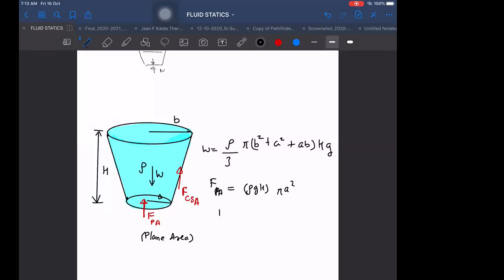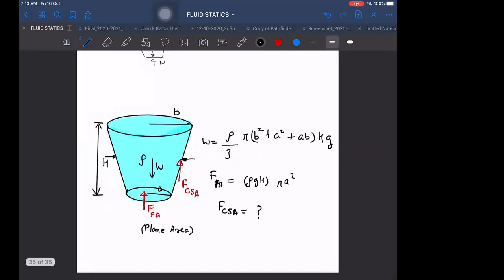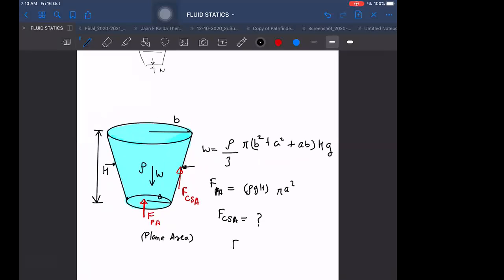And then force on the curved surface area. Force on the curved surface area in vertical direction, obviously, because in horizontal it will get cancelled out. Horizontal part is getting cancelled out. Vertical only will remain uncancelled. So that is unknown. Then our equation is FPA plus FCSA is equal to weight.